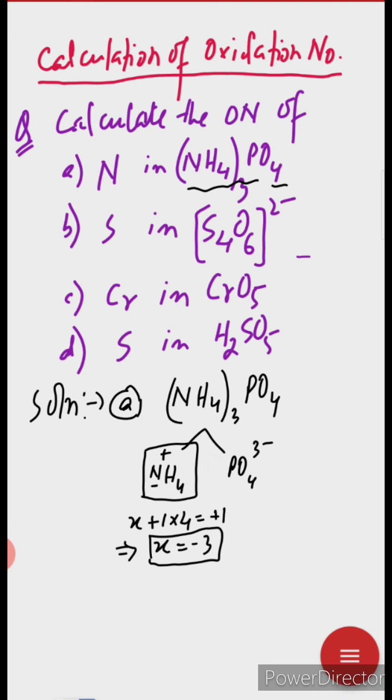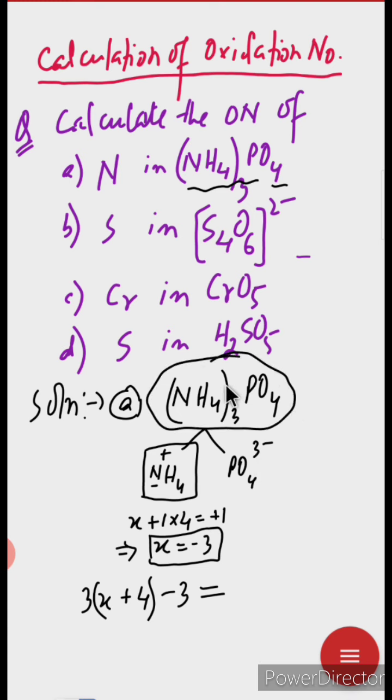We can solve this question without breaking into ions also. In that case, the oxidation number of nitrogen here is X and hydrogen is +1. So for 4 hydrogens the oxidation number will be 4, and this will be multiplied by 3, and the phosphate ion has a charge of -3. This whole charge must be equated to 0 because the compound is neutral.